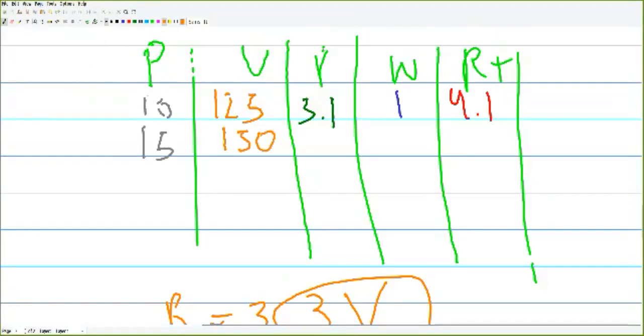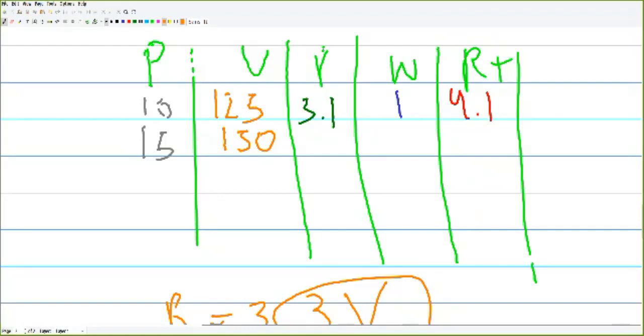And now we will do the same calculation, which was 3 times 150, which is 450 divided by 4 times pi, which gives us 35, and then we raise it to the 1/3, and gives us 3.29.